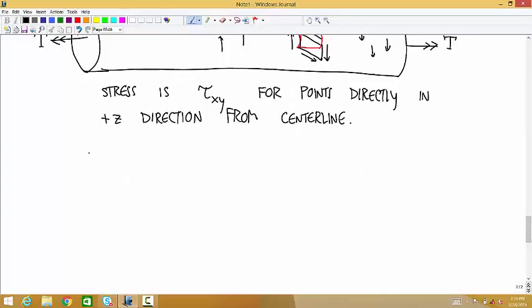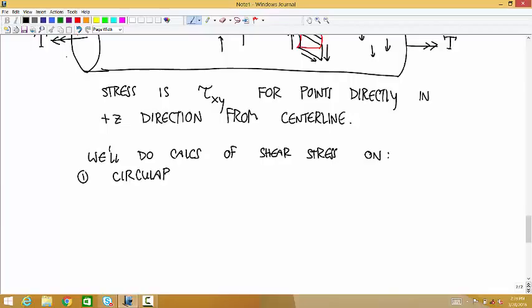Okay, so we'll do calculations of the shear stress on circular cross sections and thin-walled closed cross sections.